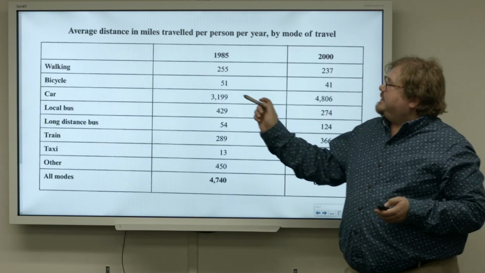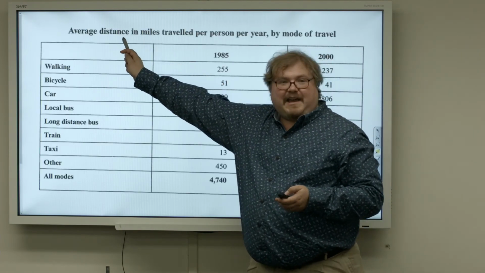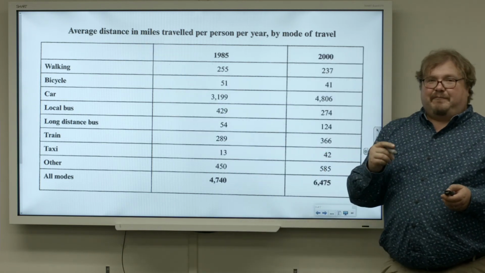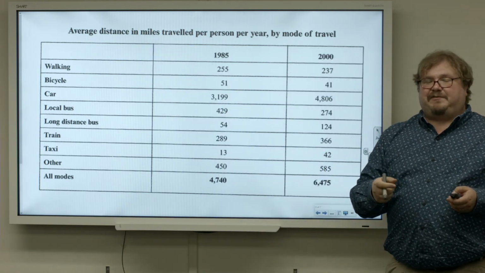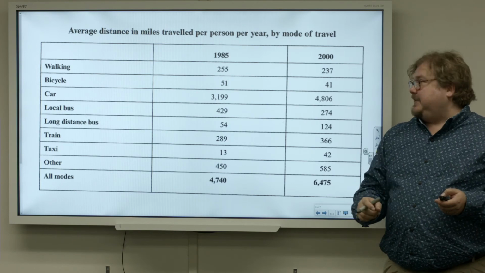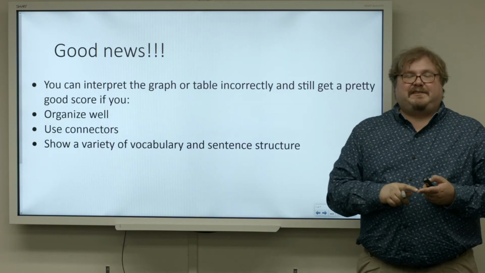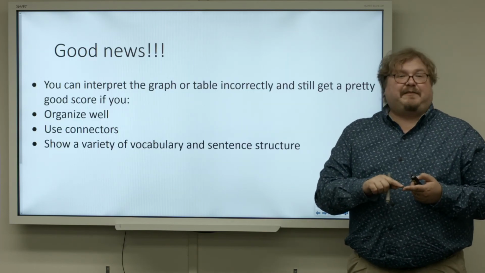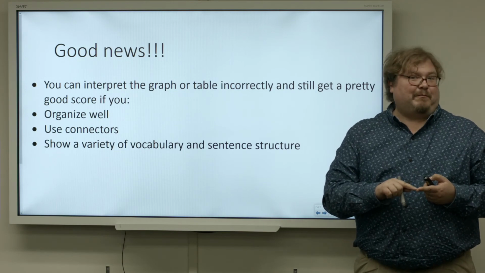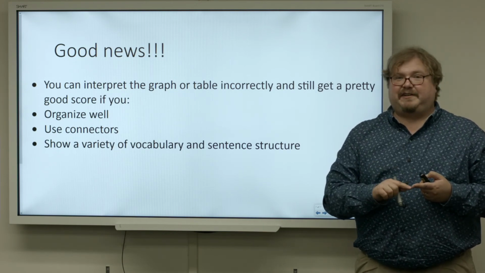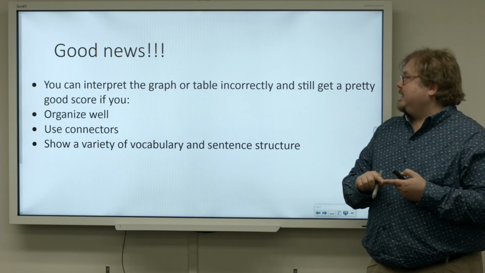If we look back, we see it's not the number of people, but it's actually about the distance. And so the information that the person gave was slightly mistaken, but they still received, I believe they received a 6, which for most undergraduate universities is enough for admission.